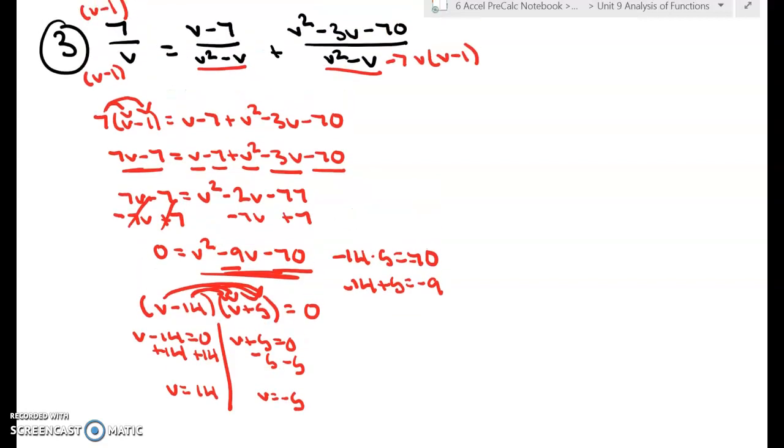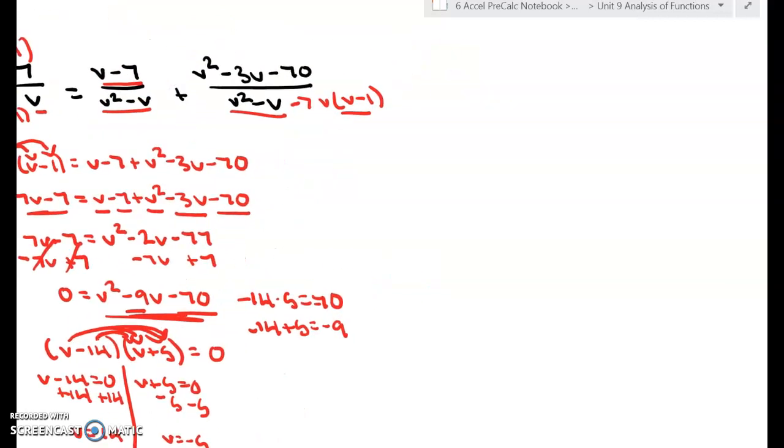Now that we have what we think v equals, we need to check to make sure that there's not any extraneous solutions. Basically, to make sure there's not any holes or anything weird going on with the graph that you can't find out just from solving for v. So we're going to make sure that v doesn't equal 0, 7, or 1.